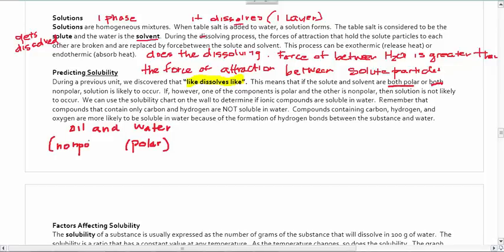The last time I checked, they don't mix. That equals no solution. So polar substances will dissolve in polar substances. The more polar something is, the more readily it will dissolve. And nonpolar won't dissolve in polar substances, as we've said, but they will dissolve each other.